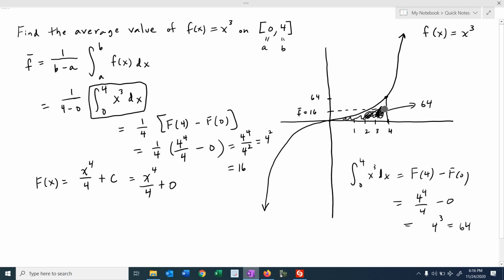And if you find the area in this little rectangle right here, that area in there should also be 64. It is, because the width here is 4 units long this way and 16 units high this way. And so if you find the area of that little rectangle, you can see that it's equal to 64.